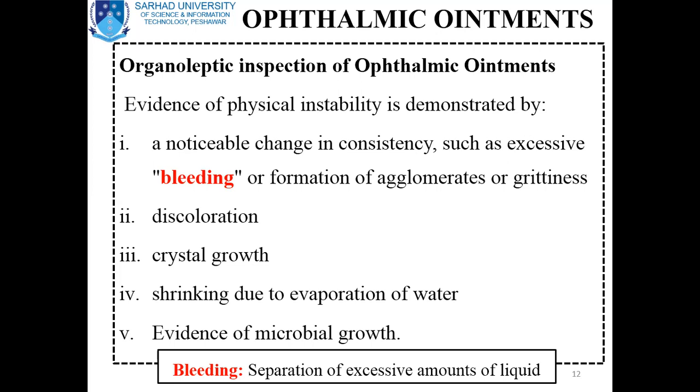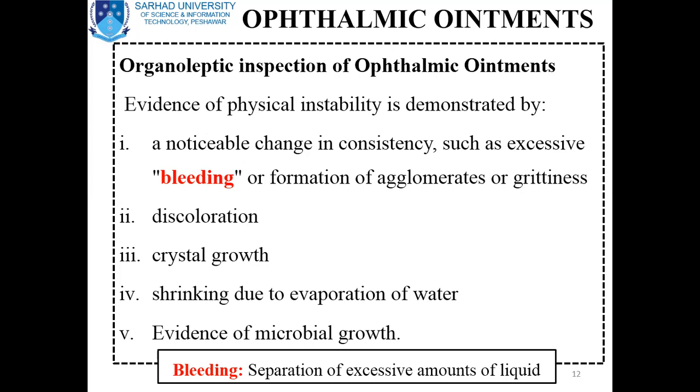The first one is a noticeable change in consistency, such as excessive bleeding or formation of agglomerates or gelatinous material. Bleeding here means separation of excessive amounts of liquid. The liquid used in the formulation is separated from the formulation, and definitely it will change the consistency, that is, the uniformity or physical appearance of the formulation.